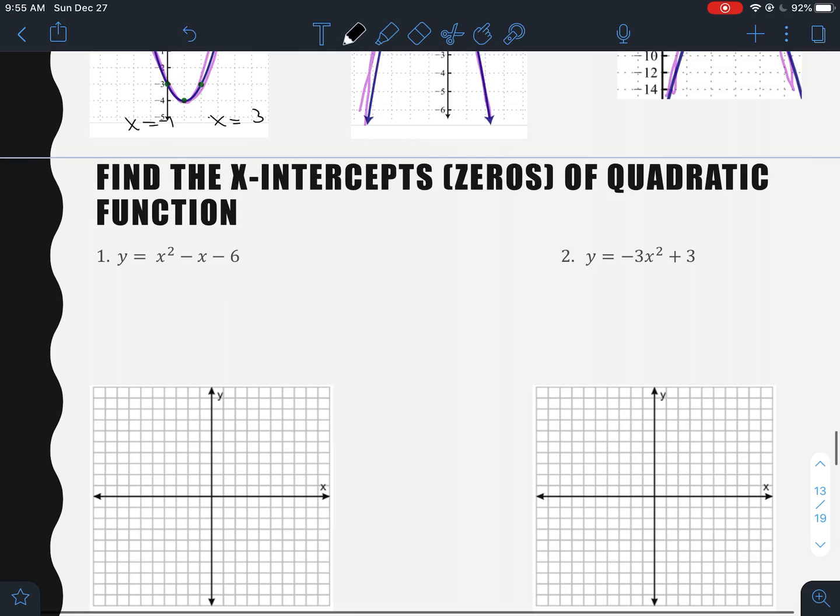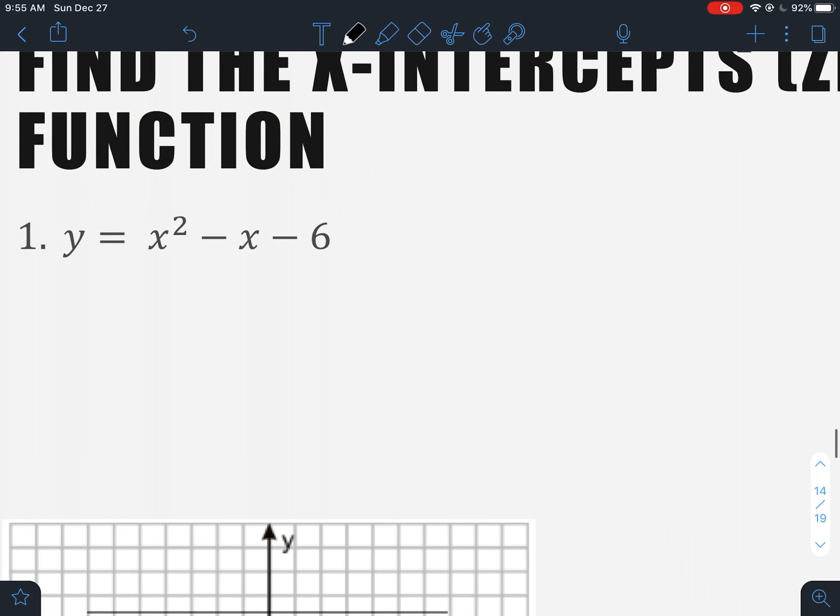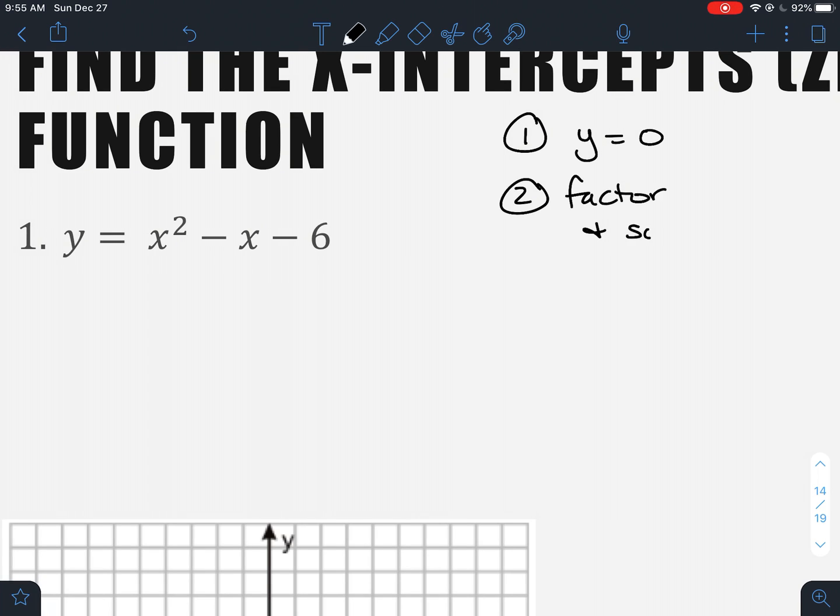So let's find the x-intercepts or zeros of the quadratic function, and then we'll sketch a picture of the quadratic function. So we have y equals x squared minus x minus 6. So our first step is we're going to set y equal to 0, and then we're going to factor and solve. So y is equal to 0, and then we have x squared minus x minus 6.